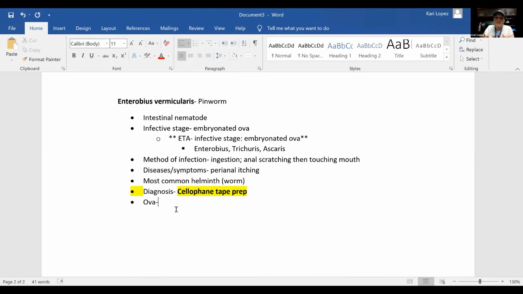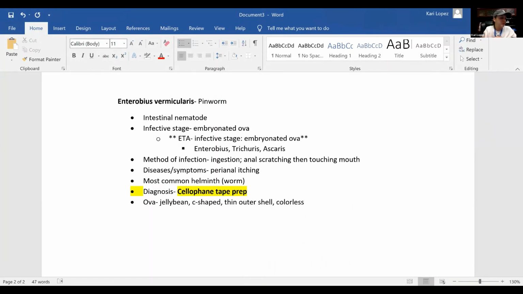But for this one specifically, it's just the ova. And they are jelly bean or C-shaped with a thin outer shell and colorless.